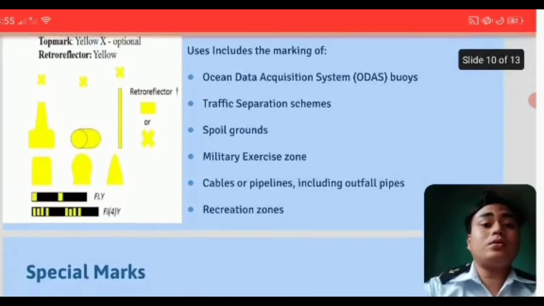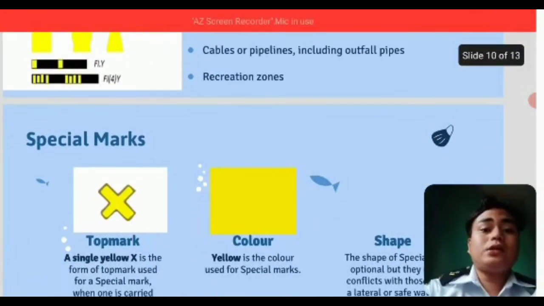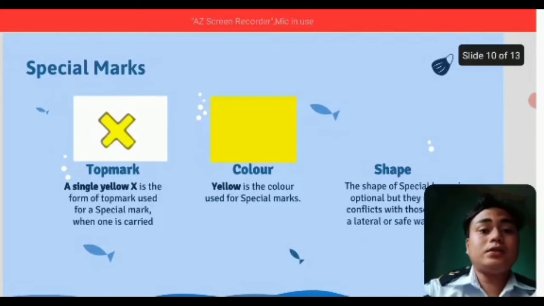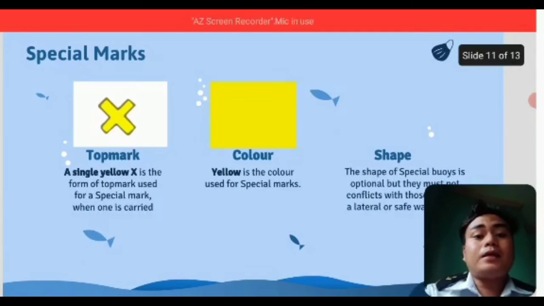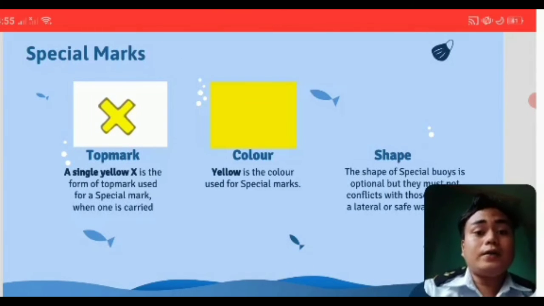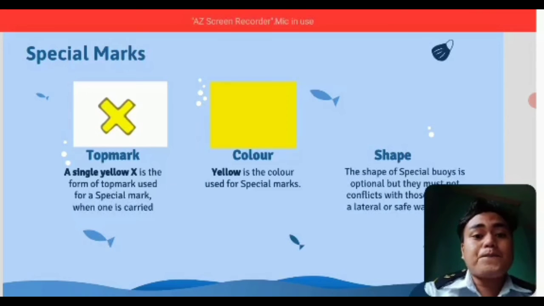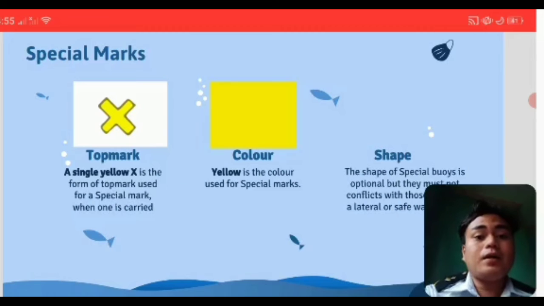This is the special mark symbol and color. Top mark: a single yellow X is the form of top mark used for a special mark when one is carried.